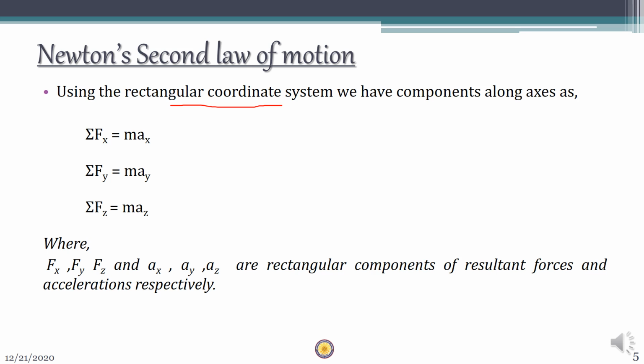So sigma Fx equals mass into ax, where Fx and ax are the force and acceleration components along the x direction. Similarly, you can write it for sigma Fy and sigma Fz. So that's about Newton's second law of motion.